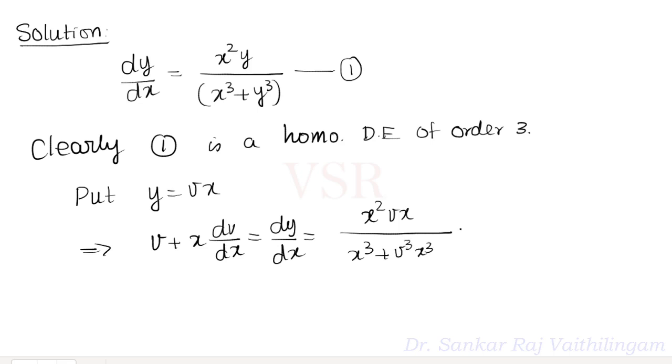So what we get is v divided by 1 plus v cube. All the other x's cancelled. Okay, we are having this way.